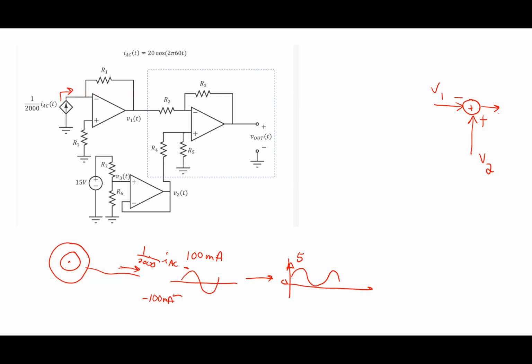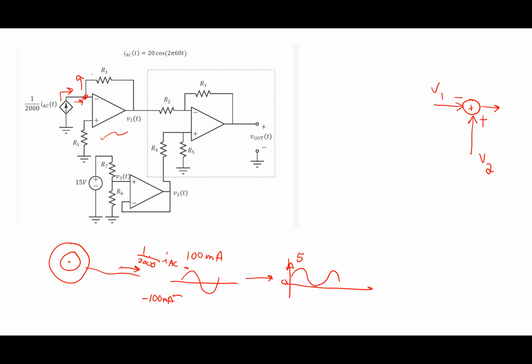If I look at the first block up here in the corner, what's that do? What does that do? How do I analyze that one? Just one KCL. Whatever current goes in here has to go there, right?